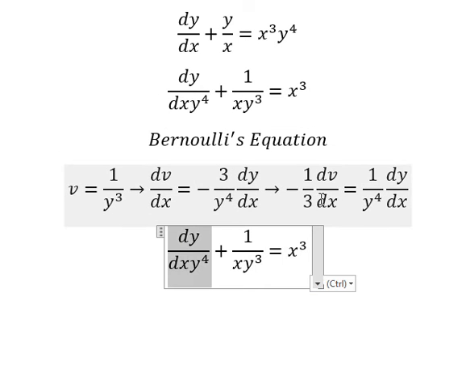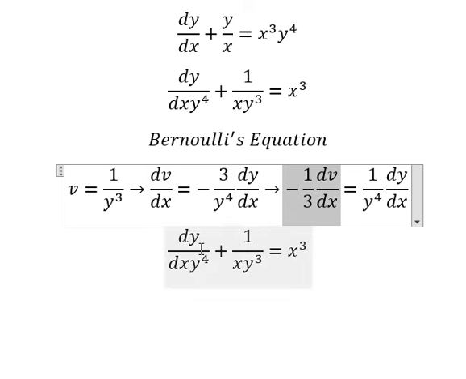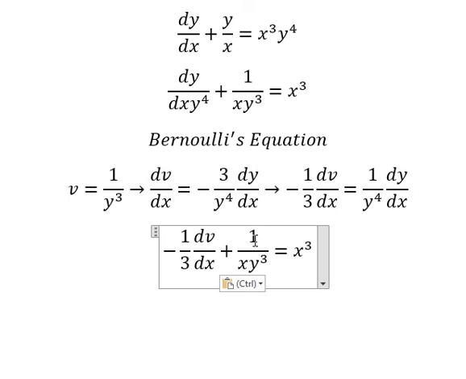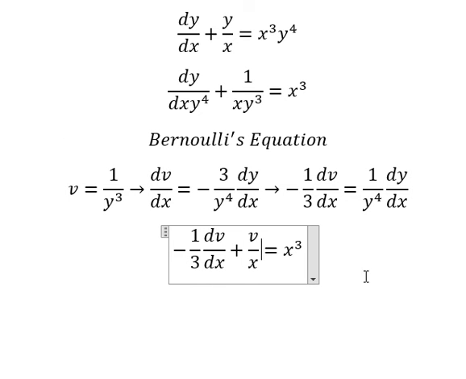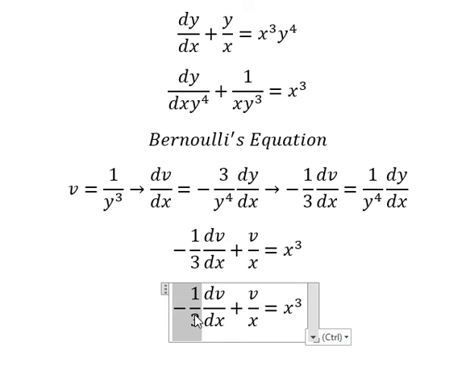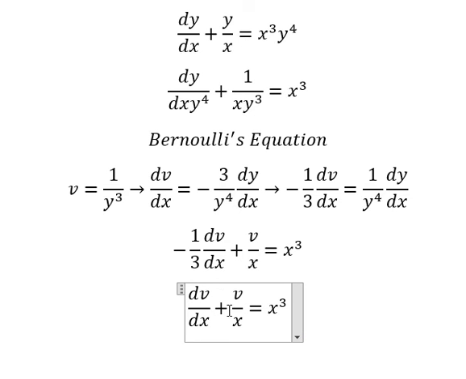So this one is about this one, and this one we change for v. Next, we multiply both sides by negative 3.